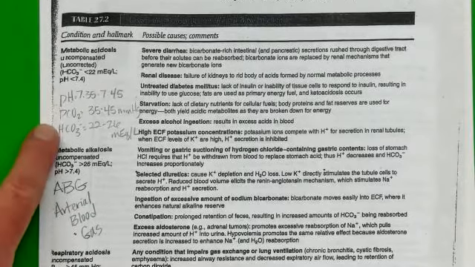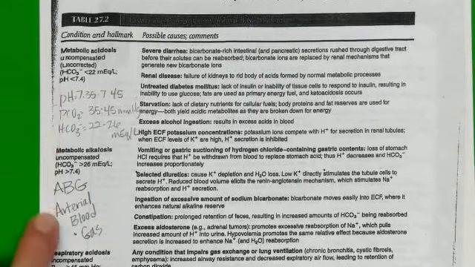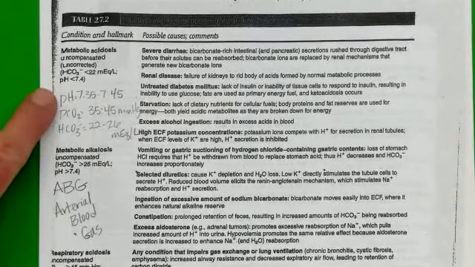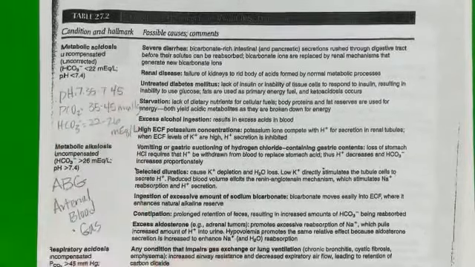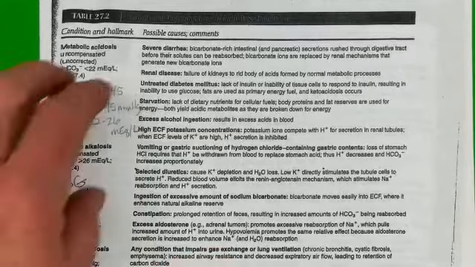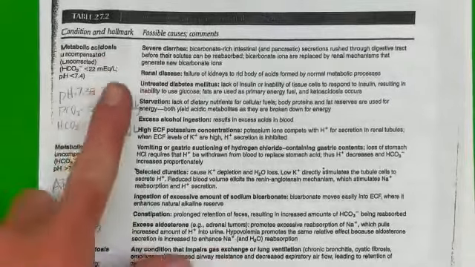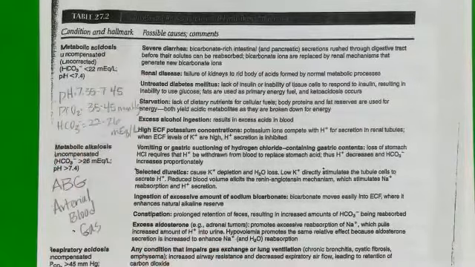The three things we're going to test in an ABG are the pH of the blood, the PCO2 of the blood, and the bicarbonate level of the blood. And we're going to get values, okay? And then once we get those values, we're going to see, do they vary from homeostasis, and how do they vary from homeostasis, and then what possibly could have caused us to be in an acid-base imbalance.